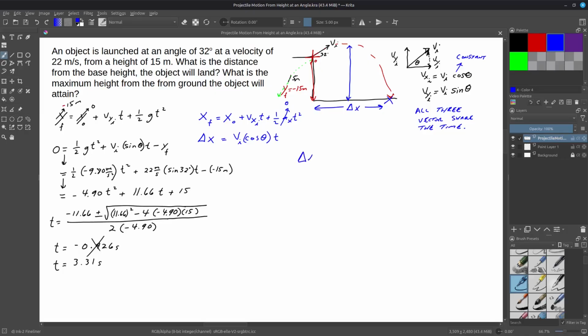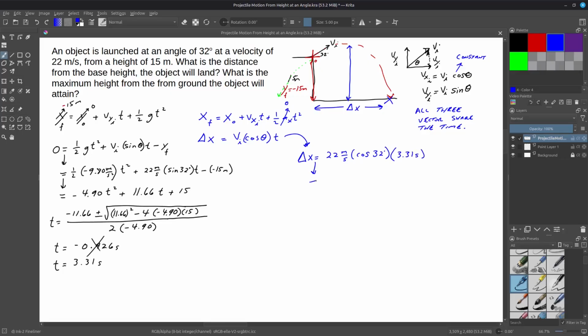Now we can use this to find the distance from the base. So delta x equals, and I'm bringing it over here, 22 meters per second times cosine 32 degrees times the 3.31 seconds.